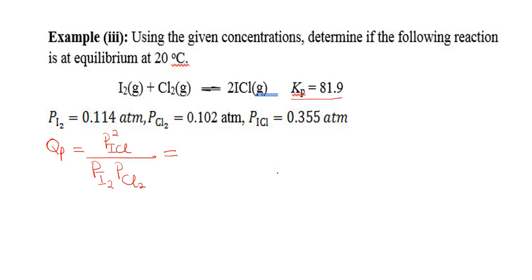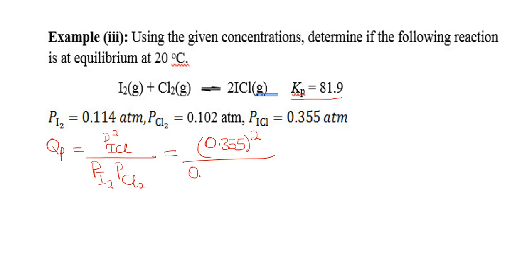Now substituting this with numbers, PICl is 0.355, but this one should be squared.